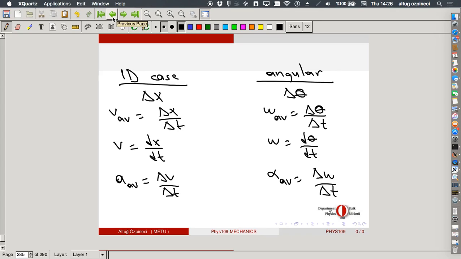That's the problem I have, because I'm comparing the velocity that is attached to the angle. If we say angular velocity, I have to look at the rate of change of a particular value.